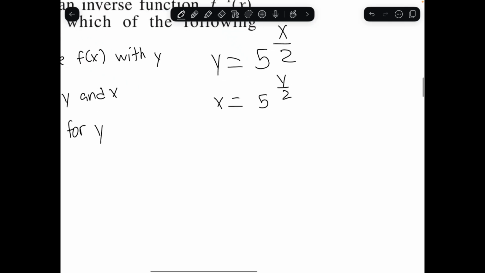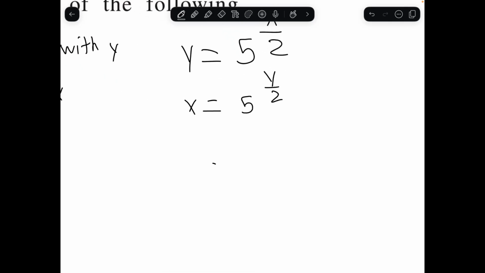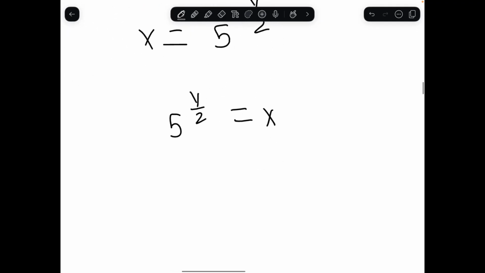So let's write it like this, actually. This will maybe make it easier to see.